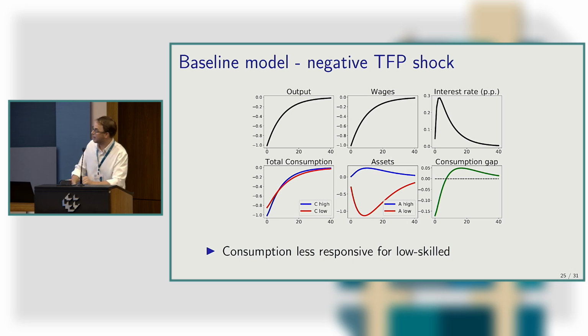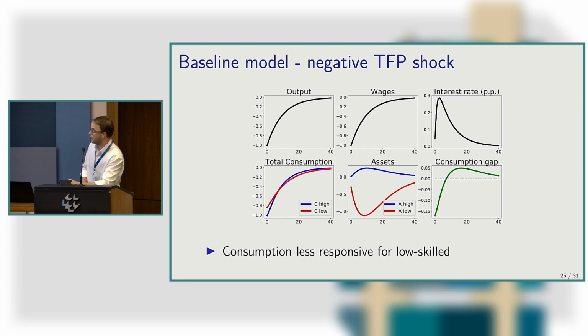Output falls, wages fall, and you have this huge spike in interest rates, which are endogenous. We have consumption for both types, the average consumption for each type of household. The average consumption of low-skilled households is represented by the red line, and the average consumption of the high-skilled households is represented by the blue line.